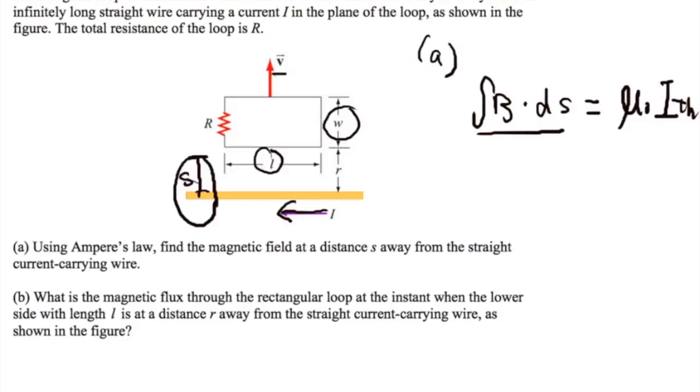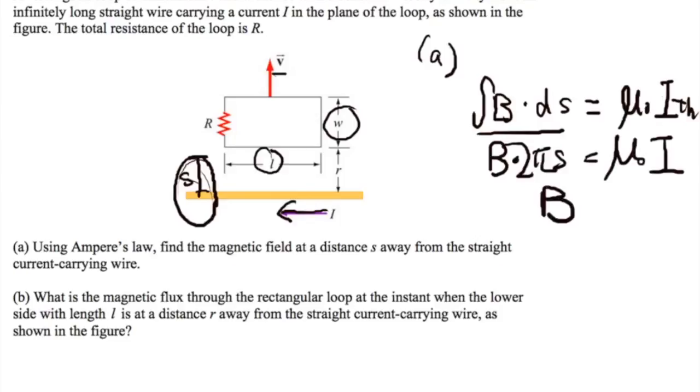Since B and ds are parallel, we can simply rewrite it as B times the perimeter of this circle, which is 2 pi s, equals mu naught times I. Now we can simply see that the magnetic field equals mu naught times I over 2 pi s. A straightforward Ampere's law question.